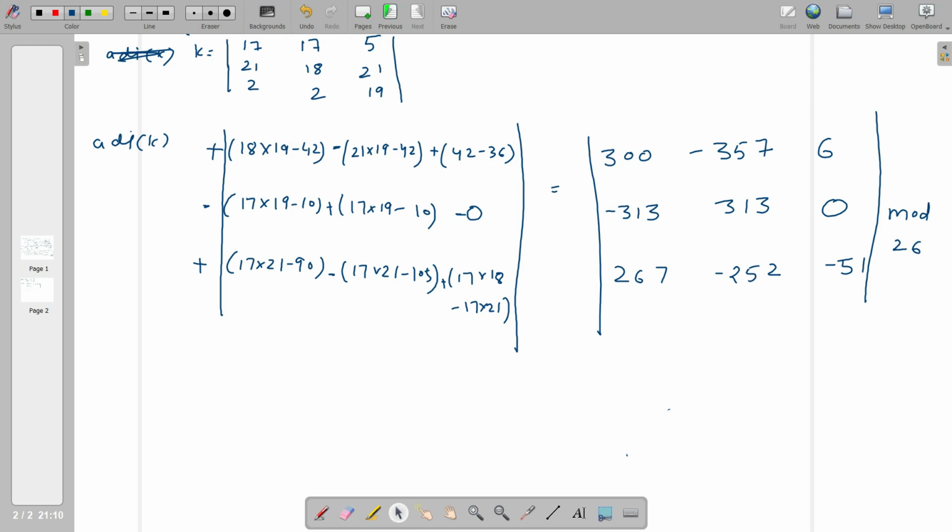So after doing this, how do we calculate the adjoint? We just find the transpose of this.